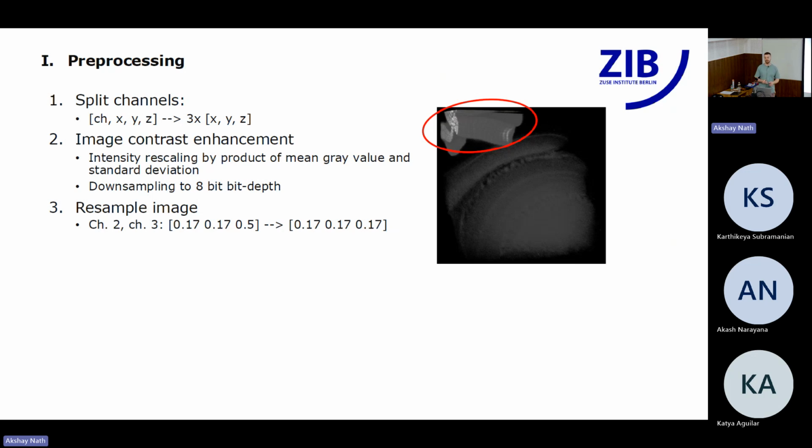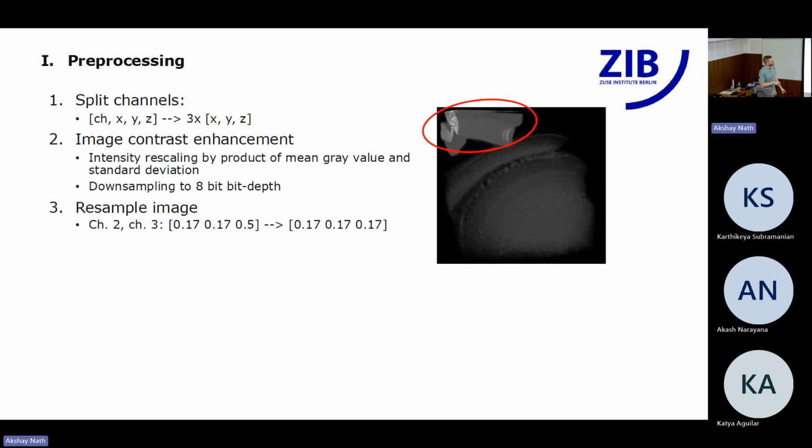So we realized that actually 8-bit is just enough. So we downsampled to 8-bit, but we don't just rescale from 16 to 8-bit, we rescale by the product of mean gray value and standard deviation.